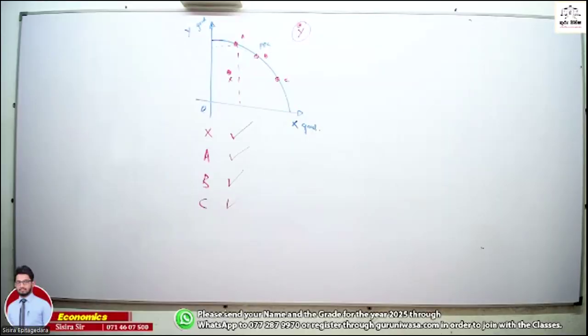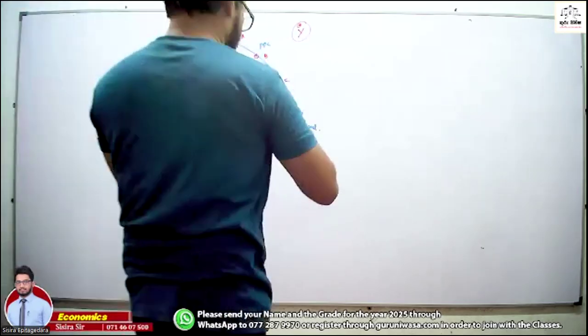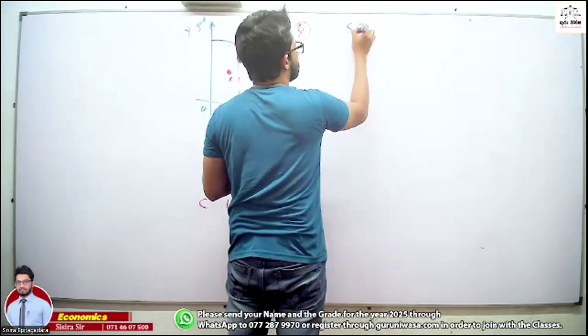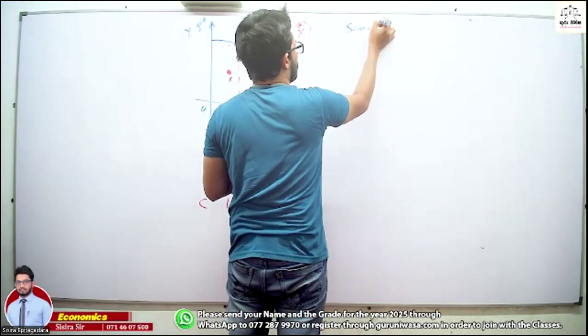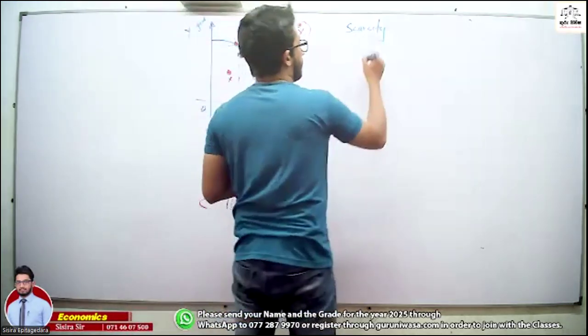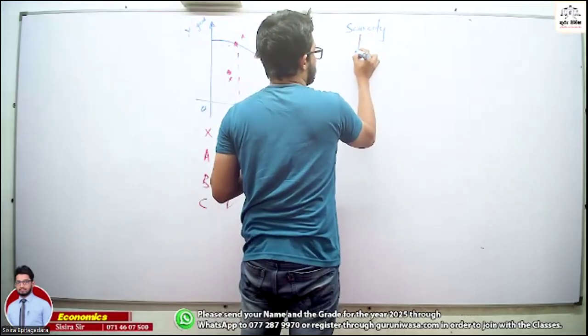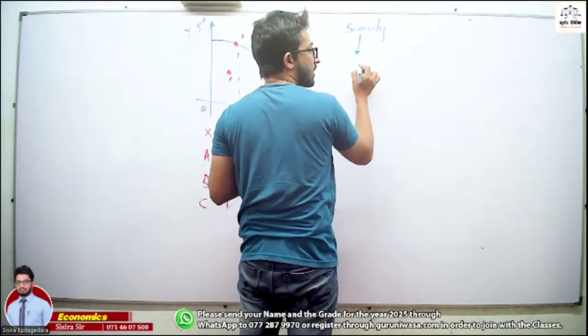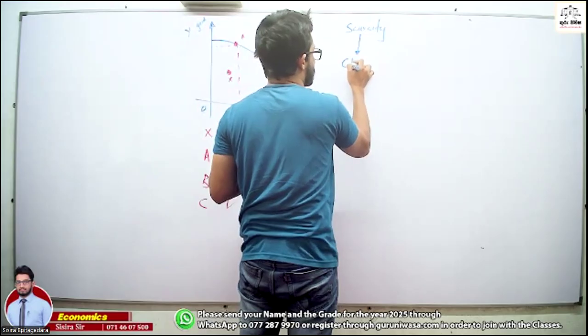Very simple. Can you remember this flow? Scarcity, first one. Scarcity, resources are limited, right? Then what happens? If resources are limited, we have to make a choice.